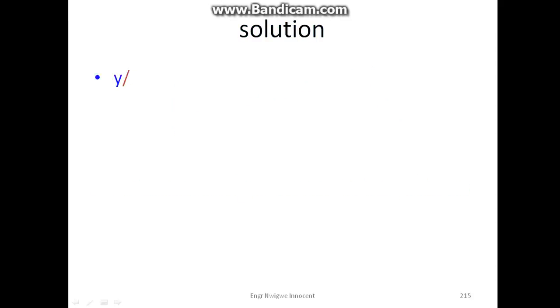Solution. Since the body is being pulled at an angle, and the hypotenuse is known, and we need to find one side of the triangle, using trigonometry, we have that y over 3.5 equals sine 30.